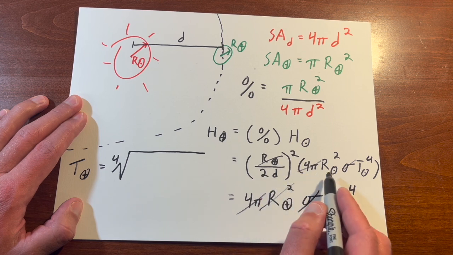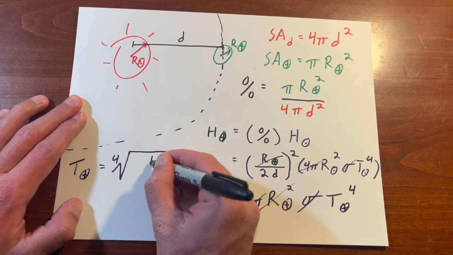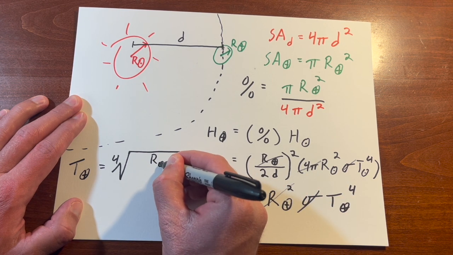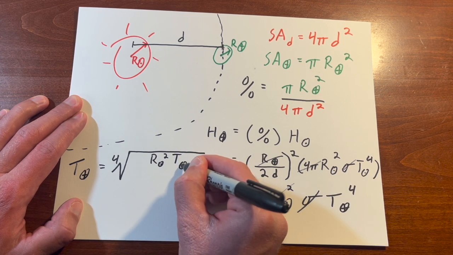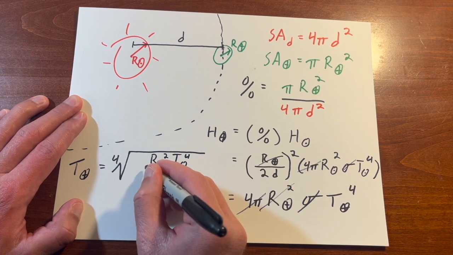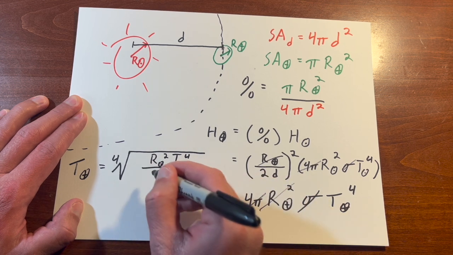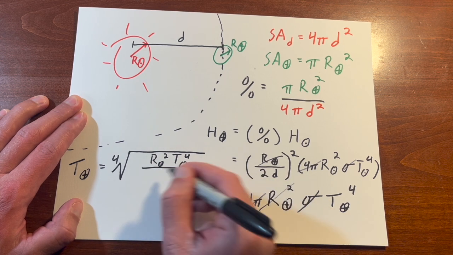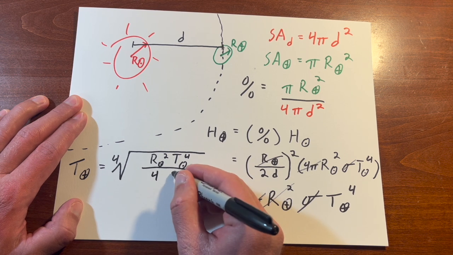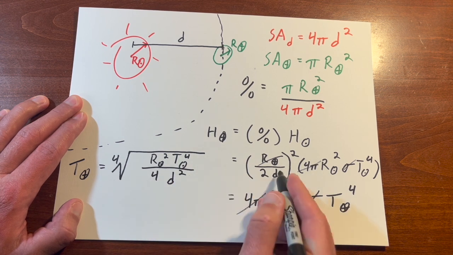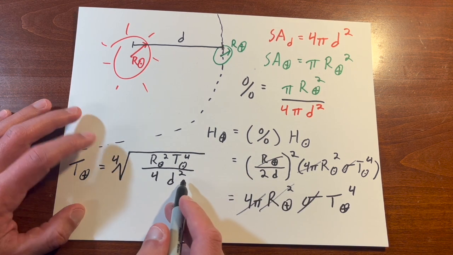Well, we hung on to a radius of the sun squared. We hung on to a temperature of the sun to the 4th power. And then down here, what do we have? We have a 2 squared, right? I'll rewrite that as 4. And d squared. Now, this actually simplifies.